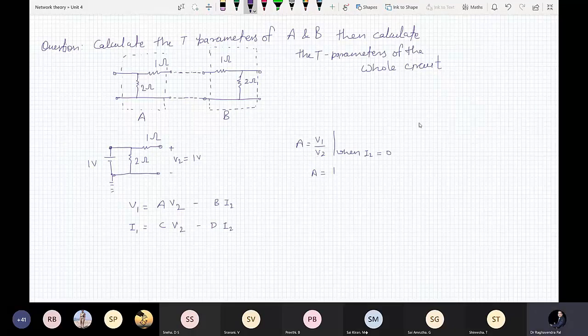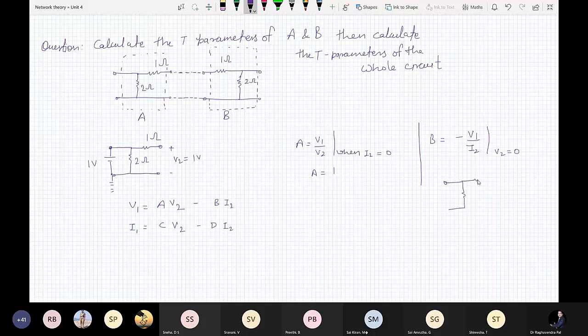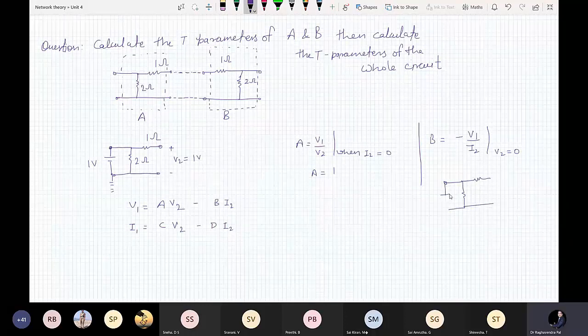Now for B, how to calculate B? B is equal to minus V1 upon I2 when V2 is equal to 0. So now what you will have to do? For this condition, you will have to connect V1 here. So V1 is equal to 1 volt. And here you can short circuit it. Why? Because V2 is given as 0.